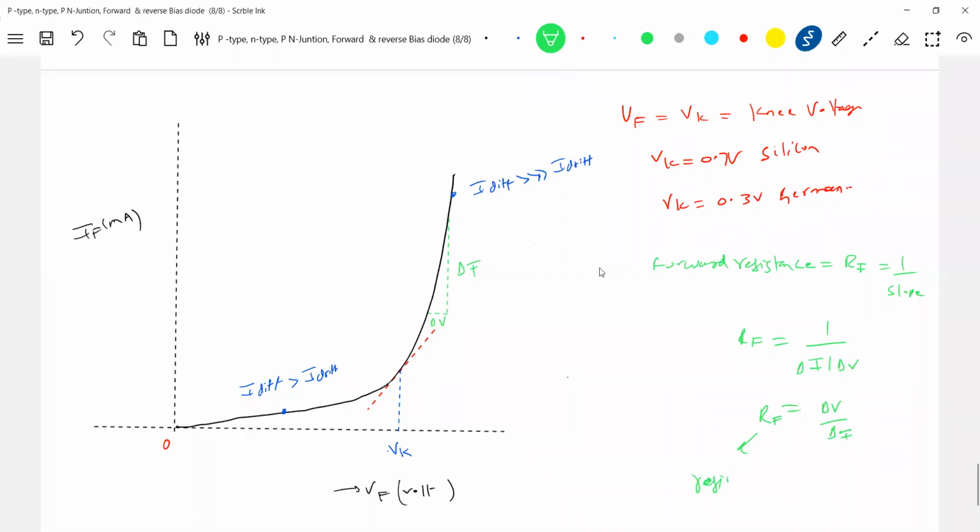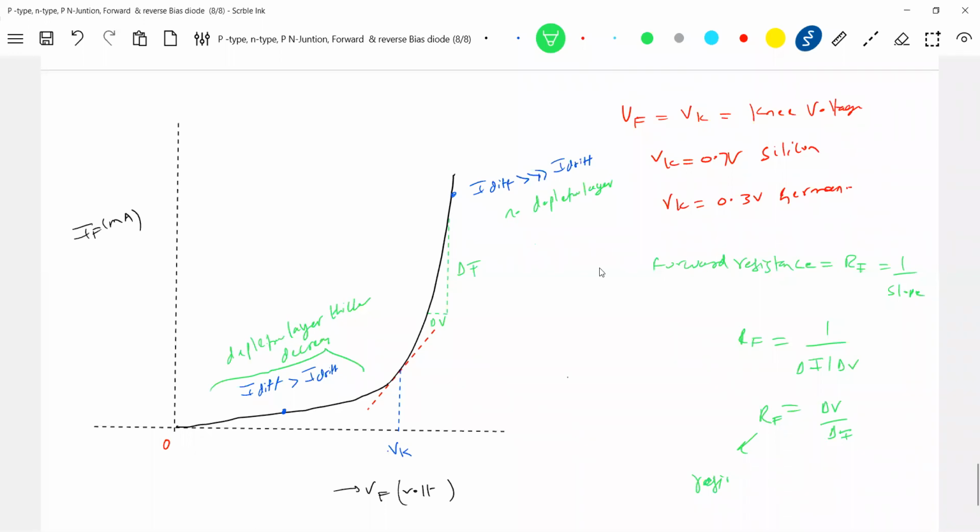Because there is no longer a depletion layer, better you write it, no depletion layer here. Here, the depletion layer thickness decreases in this region, and after this there is no depletion layer. So where we are calculating the resistance after the knee voltage, no depletion layer will exist.